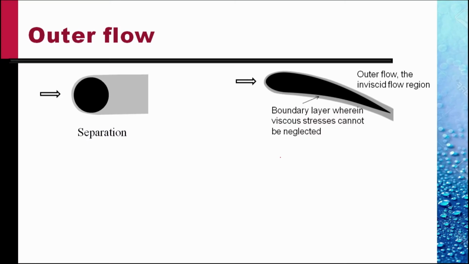If, however, we have a streamlined body like an aerofoil, the boundary layer develops in the same manner, but the separation is delayed. And so, the wake is much smaller.